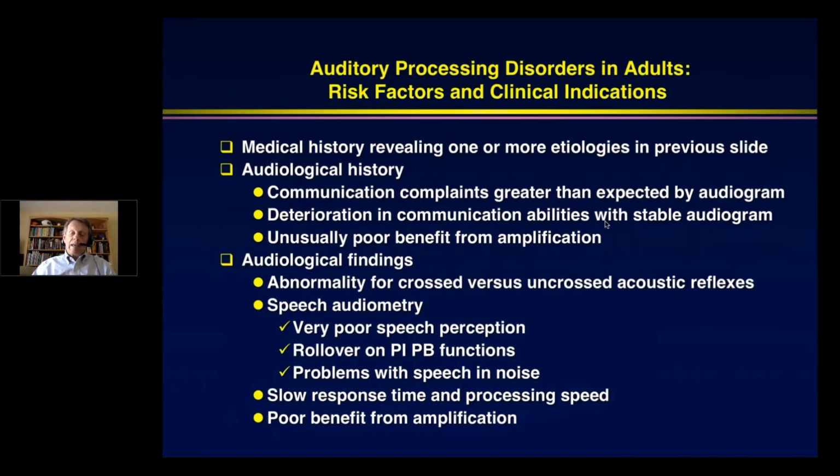What if their audiogram hasn't changed over the years, showing the same thresholds, and yet they keep having more serious complaints? And their family members say, you know, grandma's hearing's getting worse and worse, and you're looking at the same audiogram over the course of 3 or 4 years, suspect auditory processing disorders.